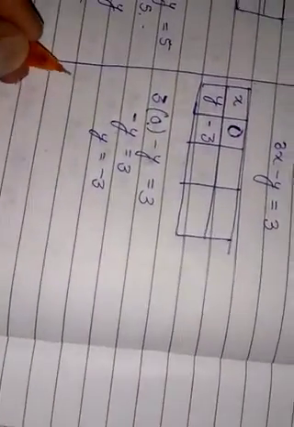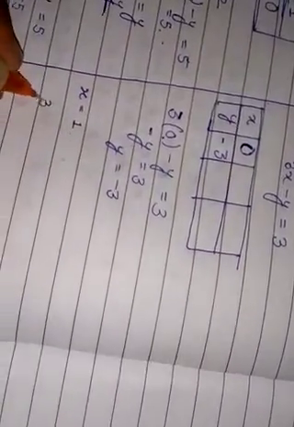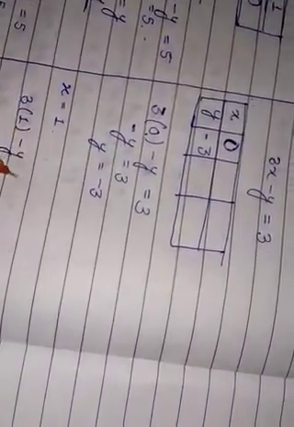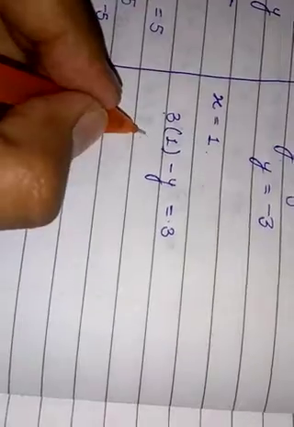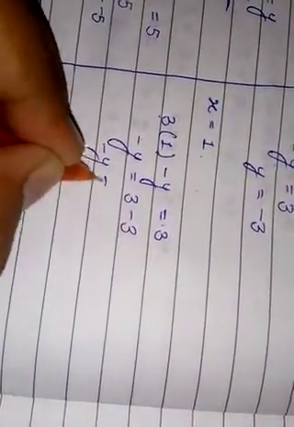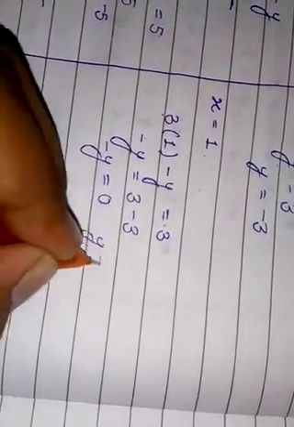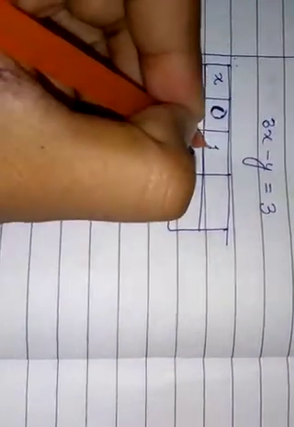Now we are putting x equal to 1. So 3 into 1 minus y equal to 3. Now 3 into 1 is 3, so minus y equal to 3 minus 3, minus y equal to 0, y equal to 0. So the value of y is 0 when the value of x is 1.